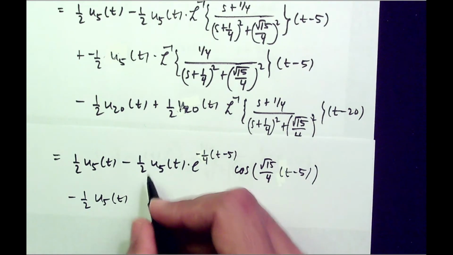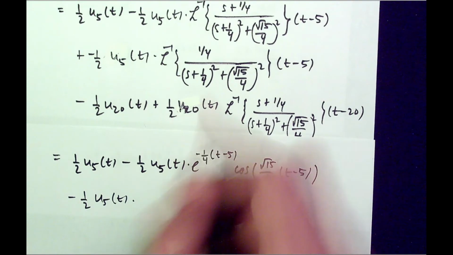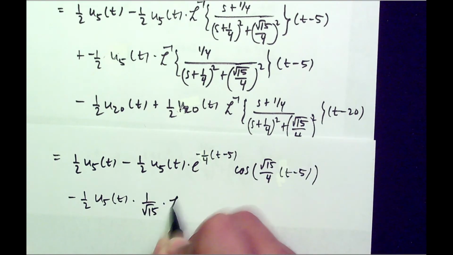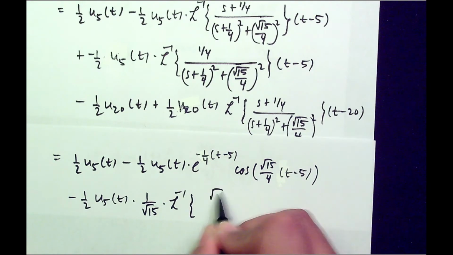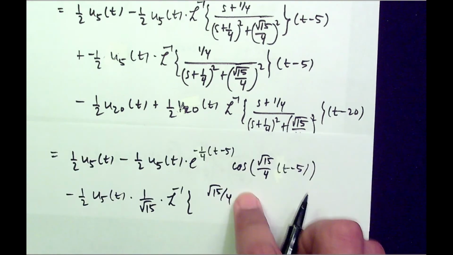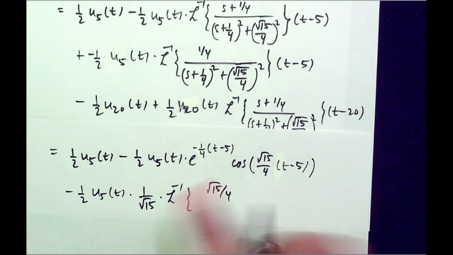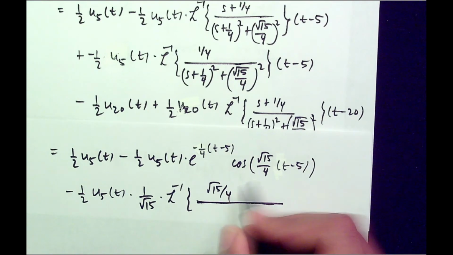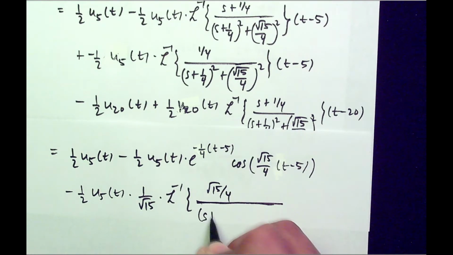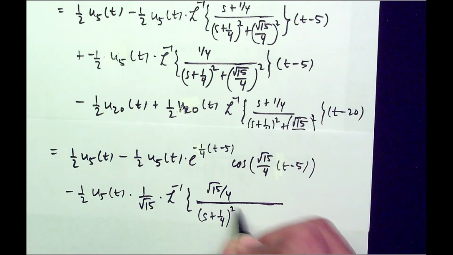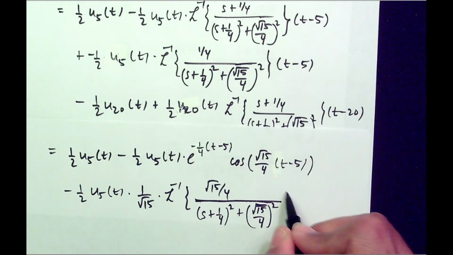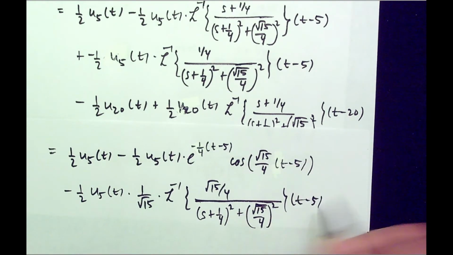Okay, so let's add it. We have to add this in here and multiply. So I'm multiplying the top by square root of 15 and dividing by it, so that I don't change things. This one needed to be the b on top. See how tedious this is? So square root of 15 over 4 squared, evaluated at t minus 5.